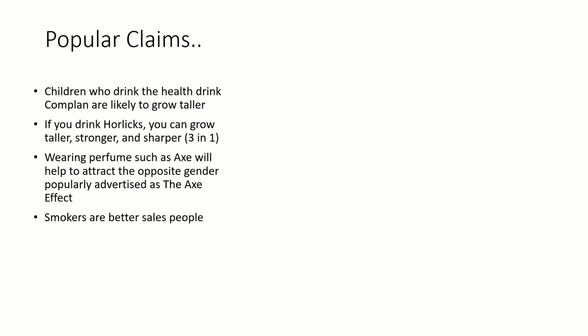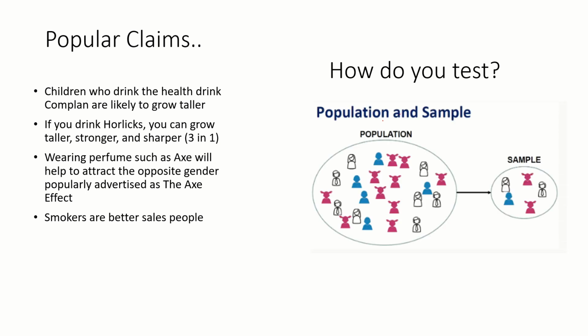How are you going to believe these companies? So how are you going to test? First of all, you have to understand your population. Population means your totality. And the sample is the representative of the population.